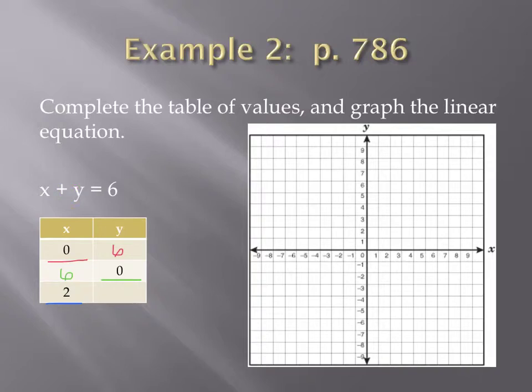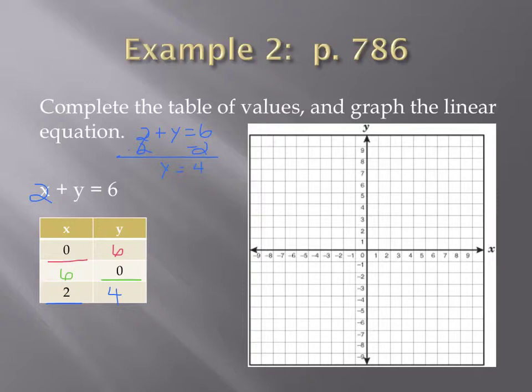So that's going to give me 2 plus y equals 6. If we subtract 2 from both sides, that gives me y equals 4.